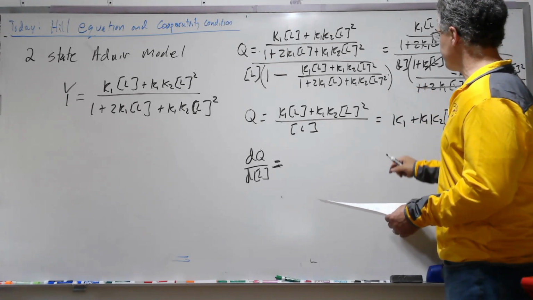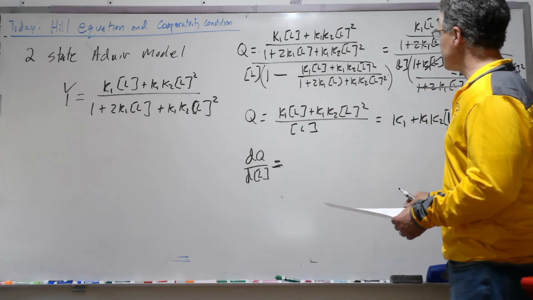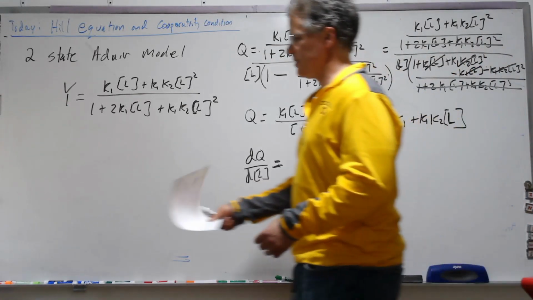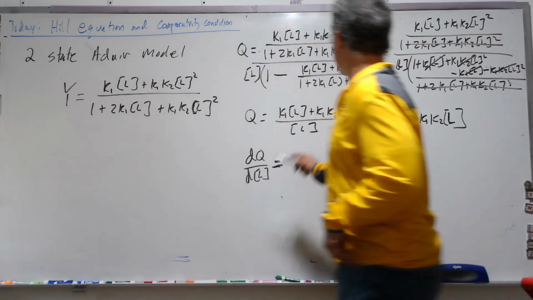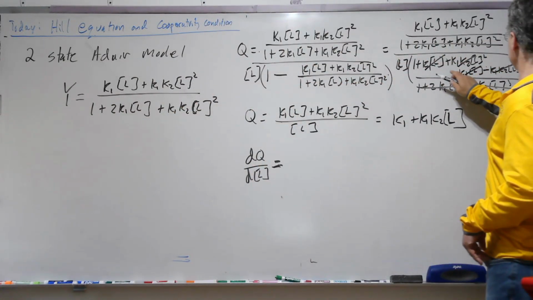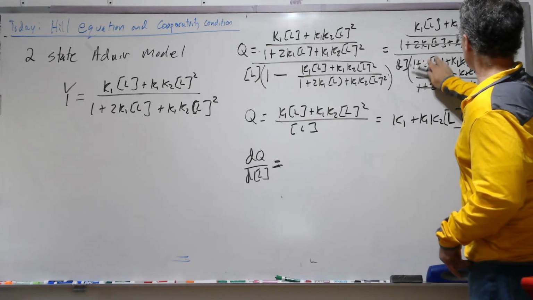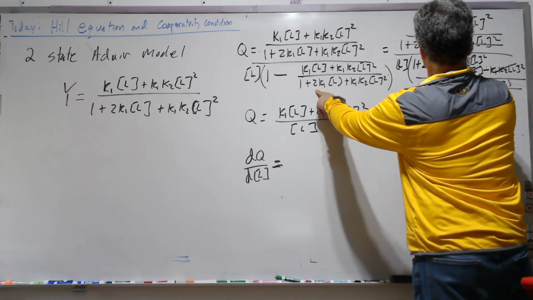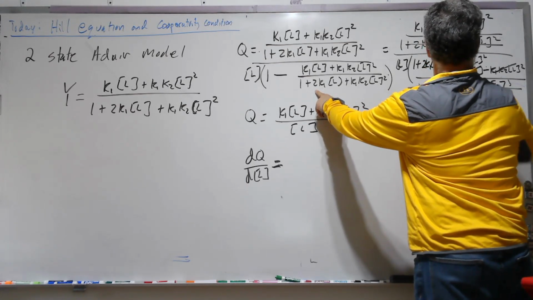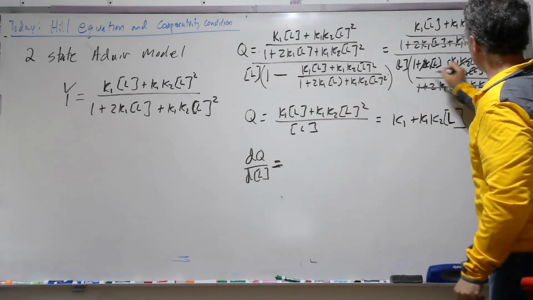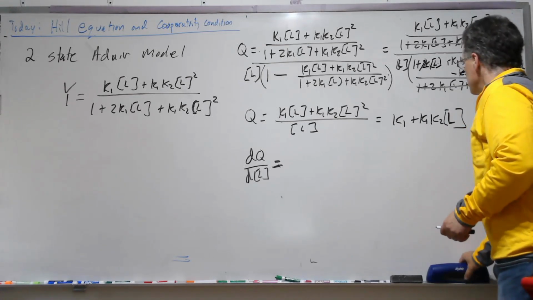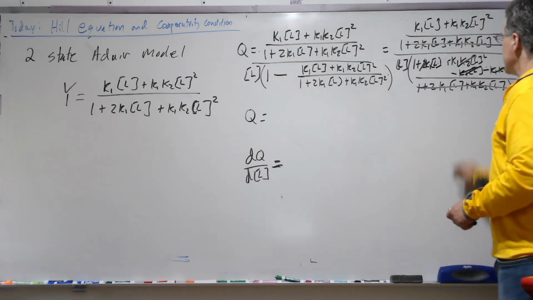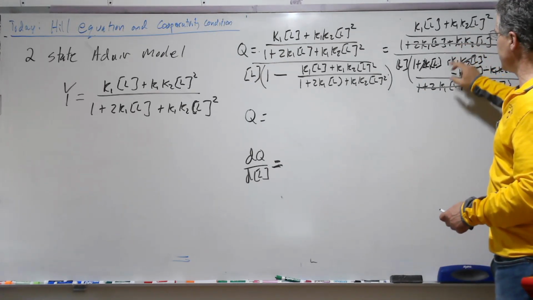Let's find it. Oh, yes. I was too quick to cancel. So this is a 2K. And so I can cancel one of those. And I can cancel the denominator.